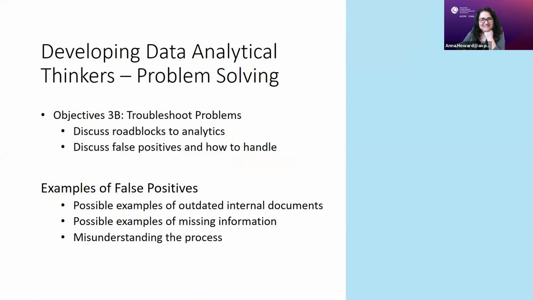The other thing that I wanted to talk about was troubleshooting problems. So again, like I said about the validation exercises, the tutorials always stop at the end of the analytics. So you run a data analytic process to identify duplicate payments. And you get a set of numbers, and they're always really nice. You know, you run the tutorial and you've got 10 duplicate payments.